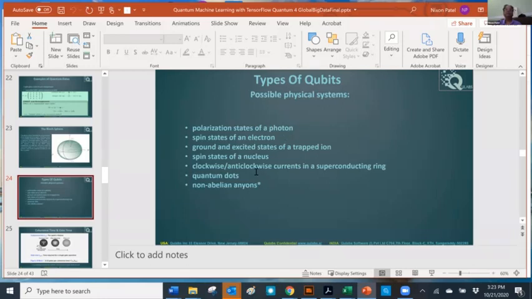Then there are topological qubits, which are being pursued with anyons, which is what Microsoft is doing. Superconducting is Google and IBM. Trapped ion is IonQ and Honeywell. So there are different qubits being implemented.